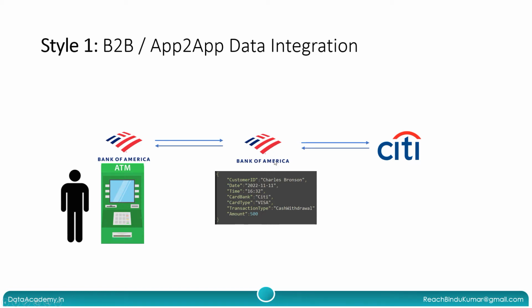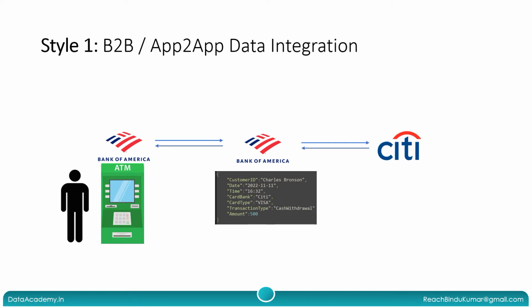Once the server receives this information, it realizes that the issuing bank is a different bank. It's not Bank of America. So the same information is transferred to Citibank for validation.